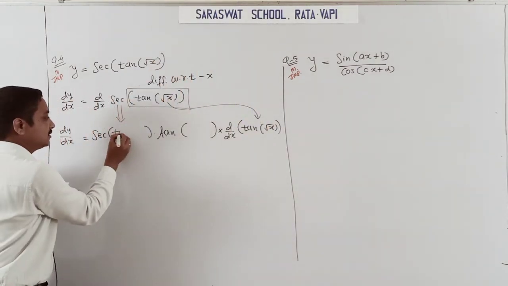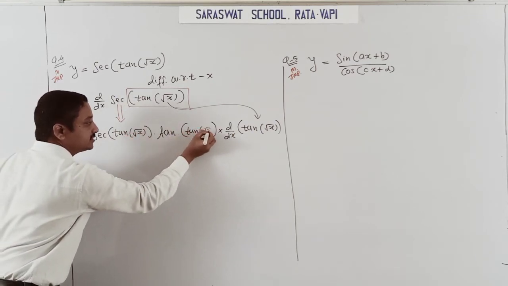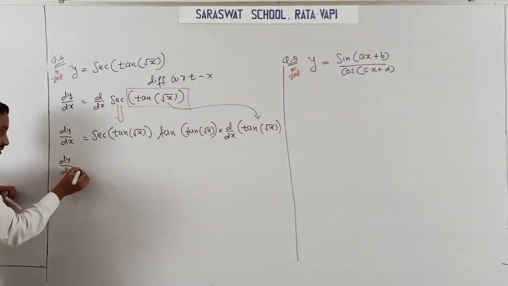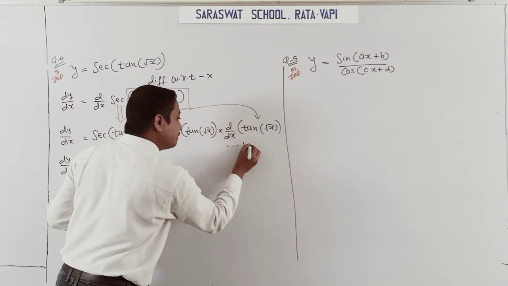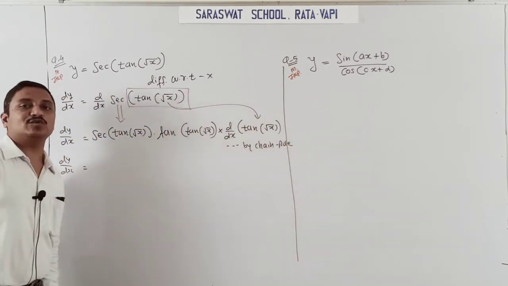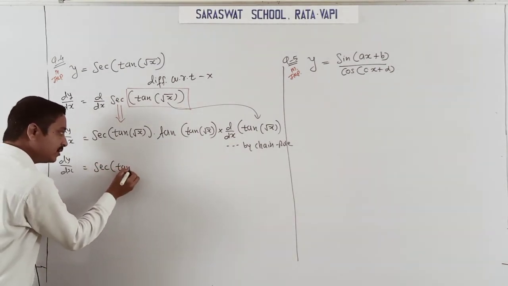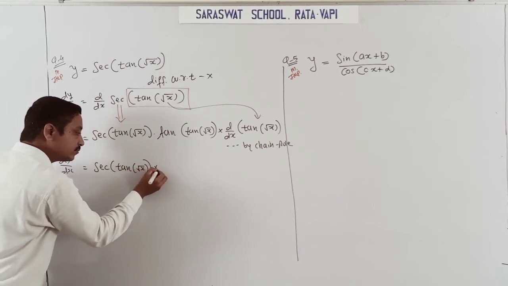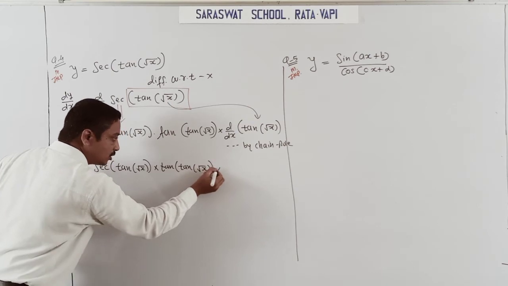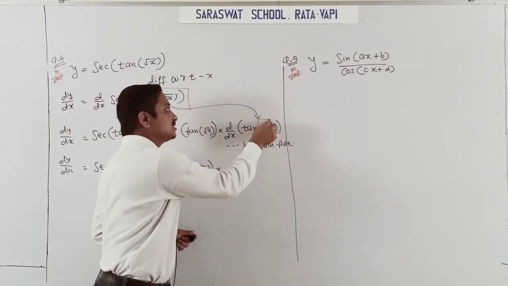And theta is the same as it is mentioned. Finally, dy by dx. Students, here it is mentioned by chain rule. Yes, chain-rule wise I am doing that. Now here, the same as sec of tan of root x into tan of root x into, now students, here one more step, this is considered a theta.